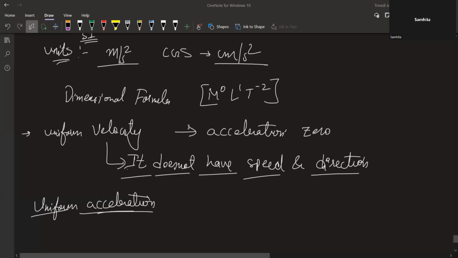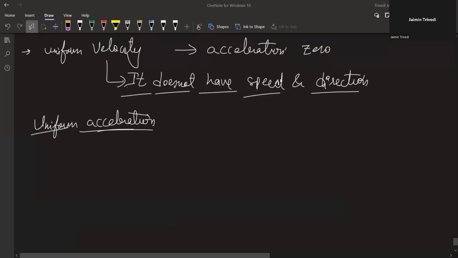Any other points? The velocity increases constantly. Okay.